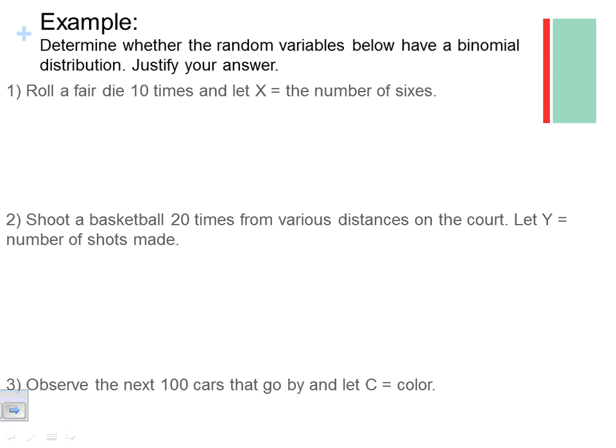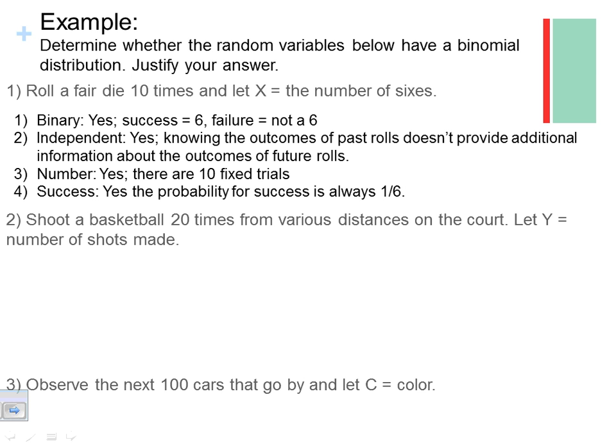So let's determine first off whether these random variables are binomial. So we're going to have to check for our bins. Number one would be rolling a fair die 10 times, and X is going to be the number of sixes. Is it binary? Yes, you either get a 6 or you don't.